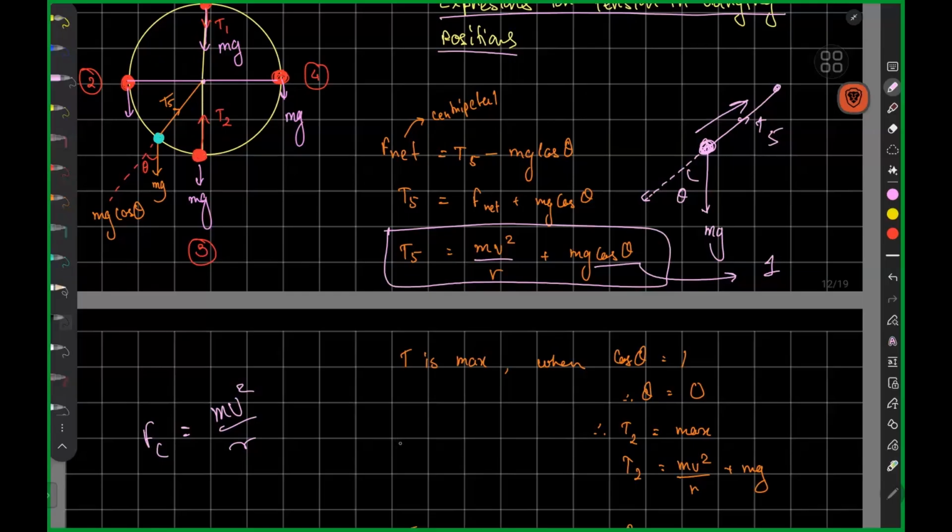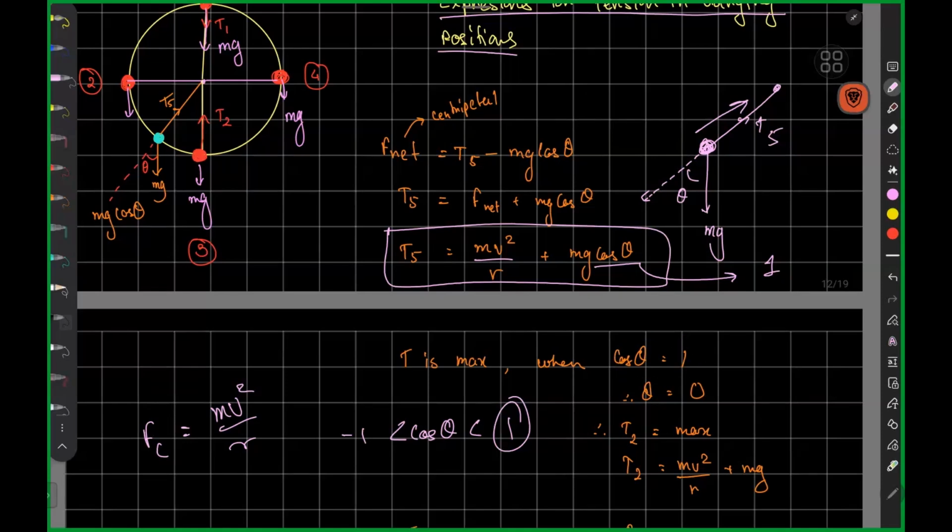Why? Because if you've done maths properly, you will know cos theta can only vary between -1 and 1. So what is the max value I can get for cos theta, whatever I change theta to? 1. That is the value I'm going to take. I want cos theta to be 1.